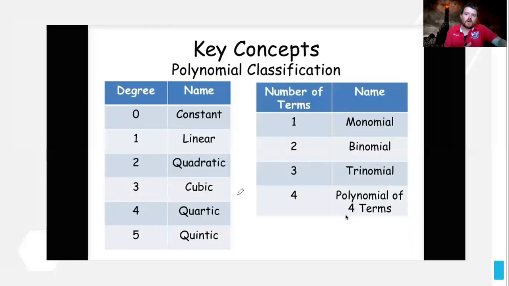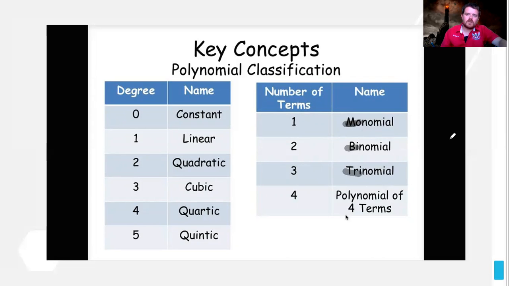So that's half of our classification process, and then the other half is classifying by number of terms. So looking at the pluses and minuses, counting the terms that are in between those. So if you have 1, that is a monomial, again using those Latin prefixes. 2 terms would be binomial, 3 terms would be trinomial.